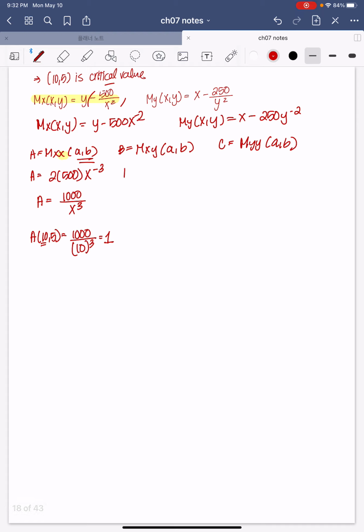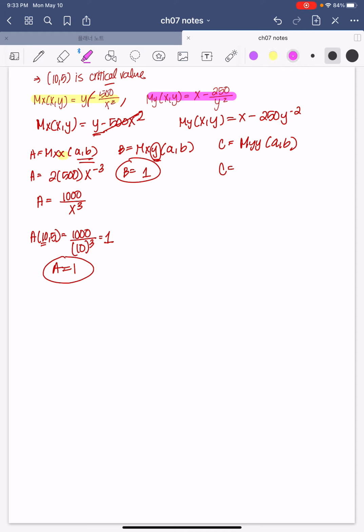B, let's find out. Still same one, but I'm taking derivative of respect to y, so the only surviving term is y, so derivative of that will be 1. C is this function here. And then I'm going to take respect to y. So in other words, this is the term that I am taking the derivative.